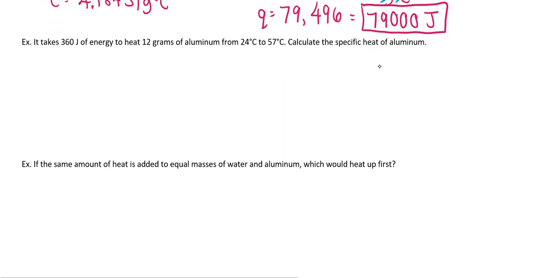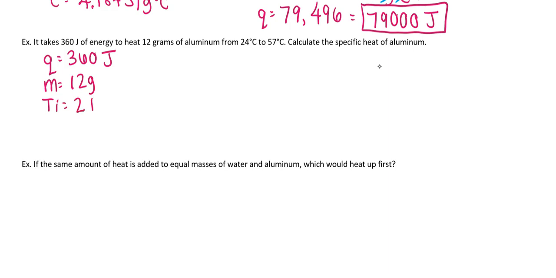Number 2. It takes 360 joules of energy. Heat energy or heat is just Q. So you can see all of those, they all mean the same thing. Energy, heat energy, that is all Q. My mass is 12 grams.